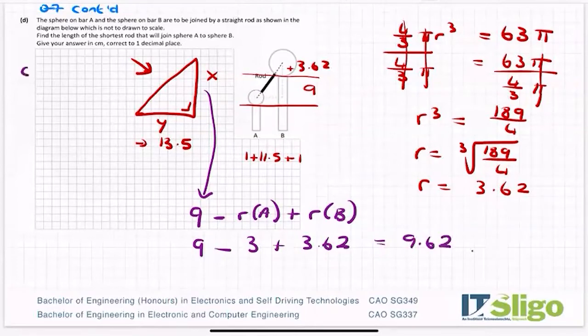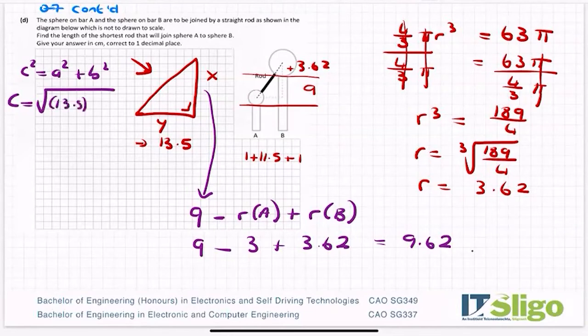And then I use Pythagoras theorem. C squared is equal to A squared plus B squared, which is equal to the square root of 13.5 squared plus 9.62 squared. 16.576 is what I am getting for the length of that rod.